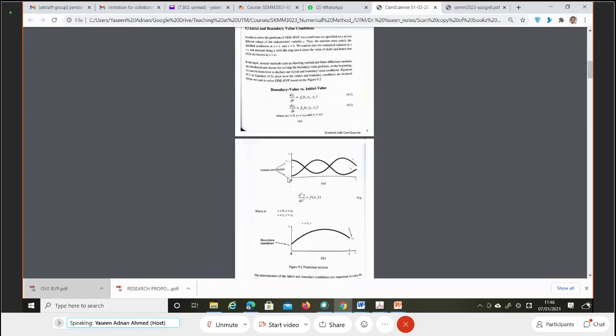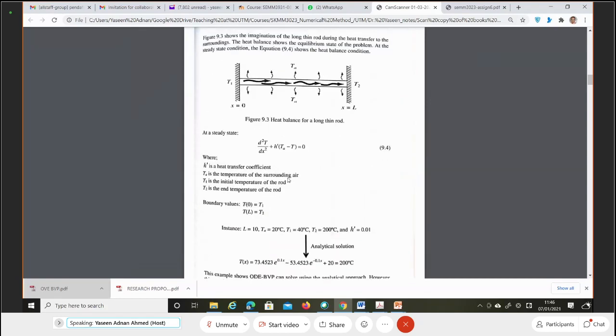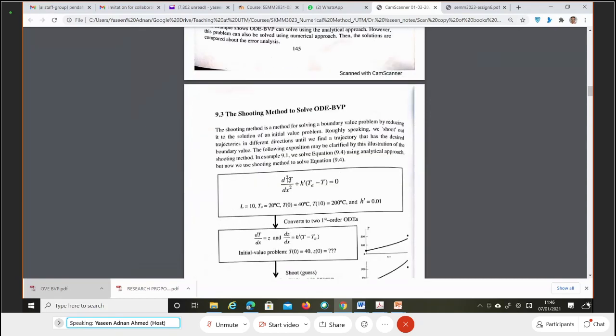Some part I already explained. This one already explained. This is BVP.